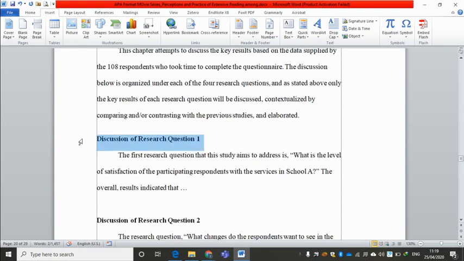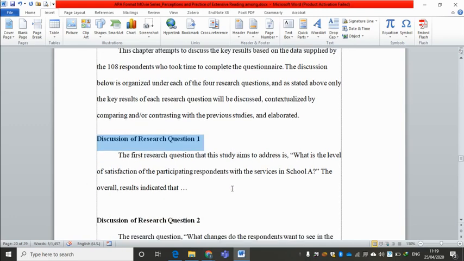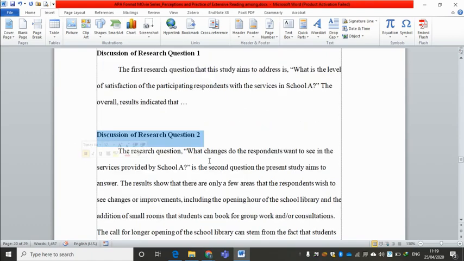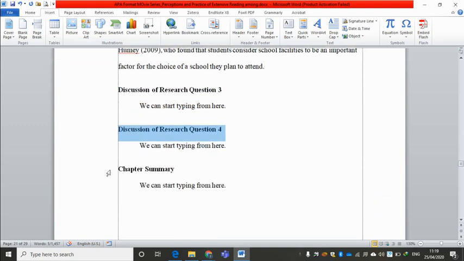And then I think it's a good practice to have only 2 heading levels for chapter 5, discussion of the results. So this is heading level 2: discussion of research question 1, discussion of research question 2, discussion of research question 3, discussion of research question 4.